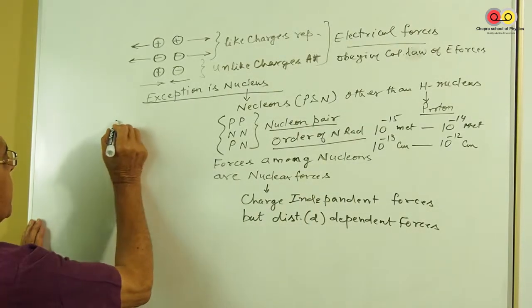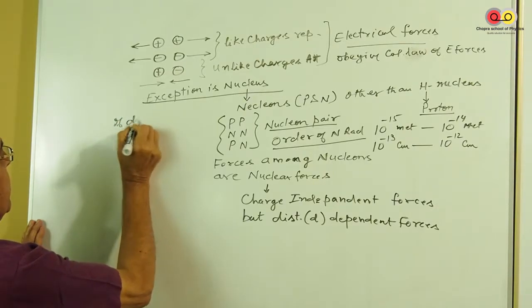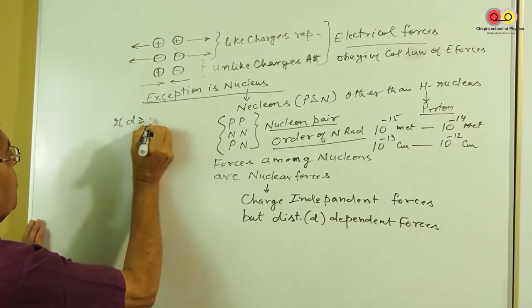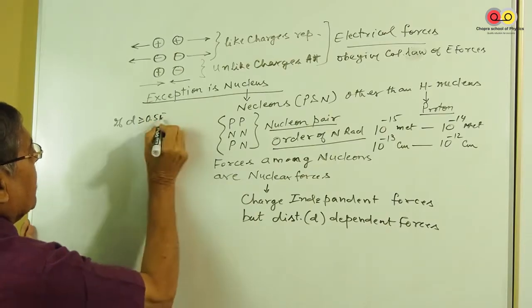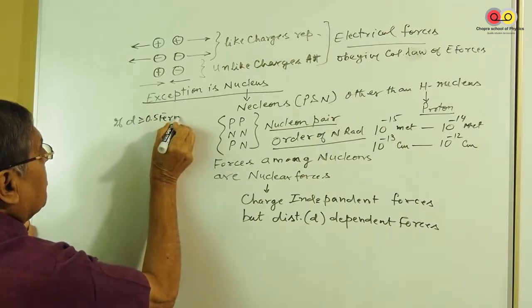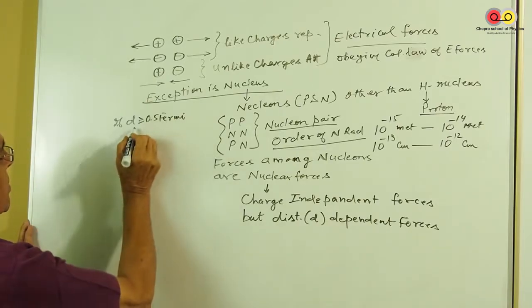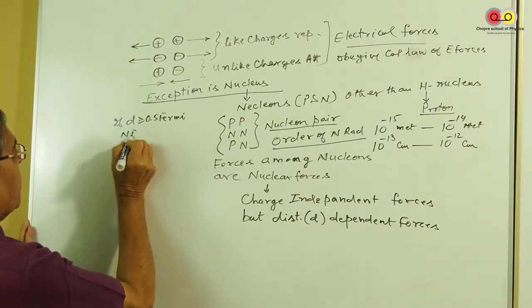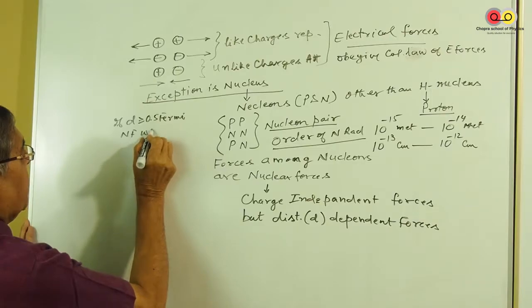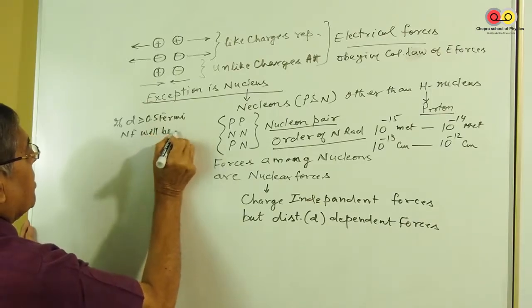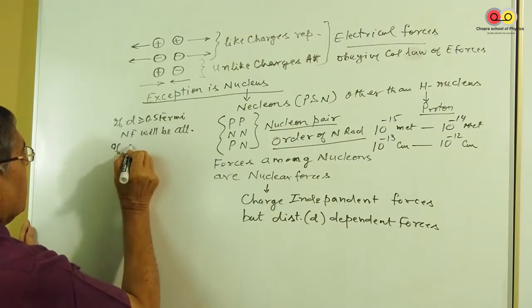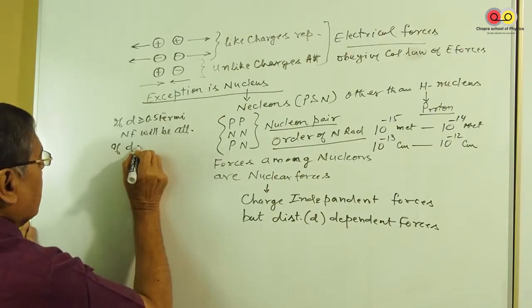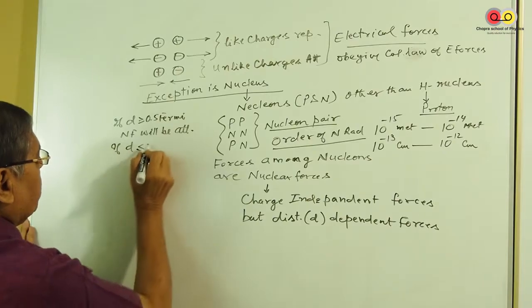If D is greater than or equal to 0.5 Fermi, nuclear forces will be attractive.